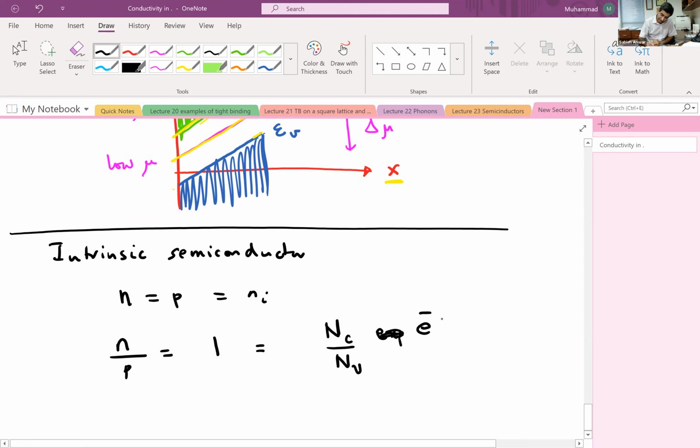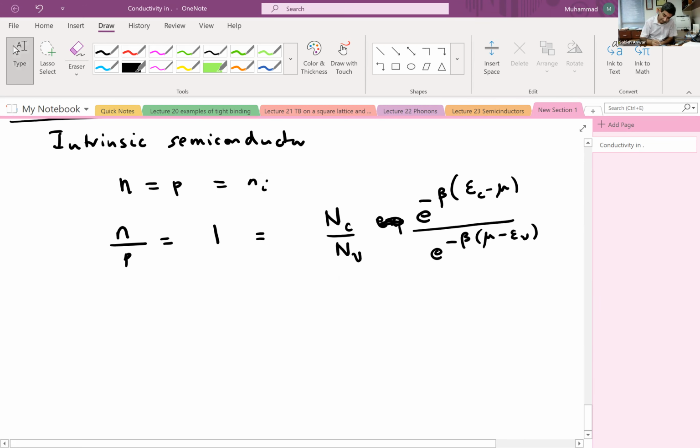So I have e to the minus beta (Ec minus mu), e to the minus beta (mu minus Ev). So 1 equals Nc over Nv times e to the beta (Ec plus Ev minus 2 mu).